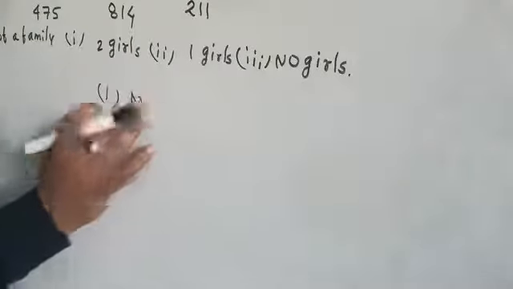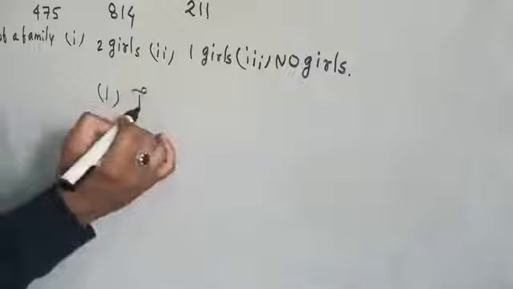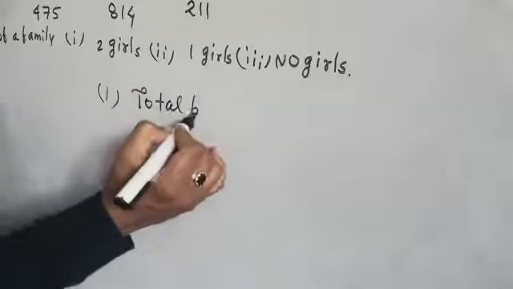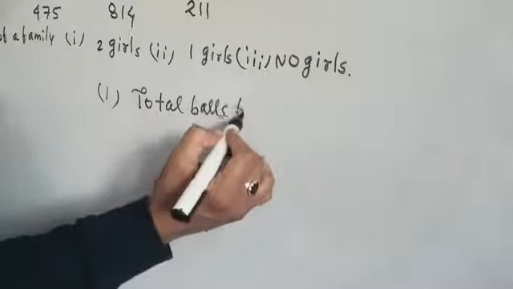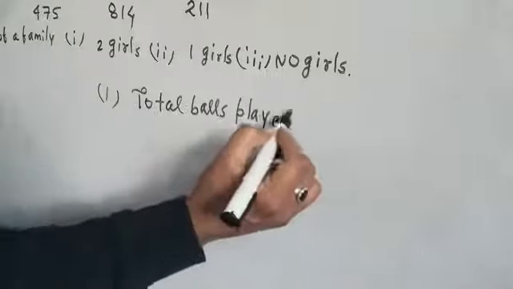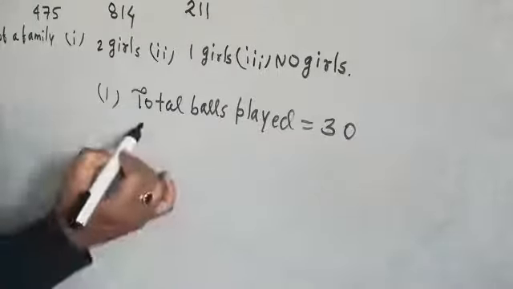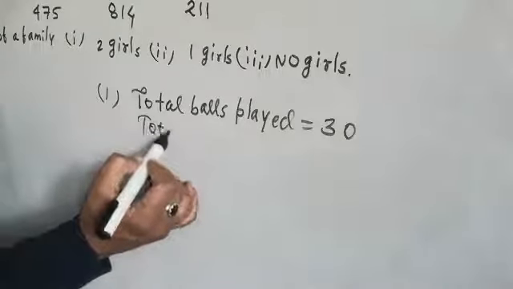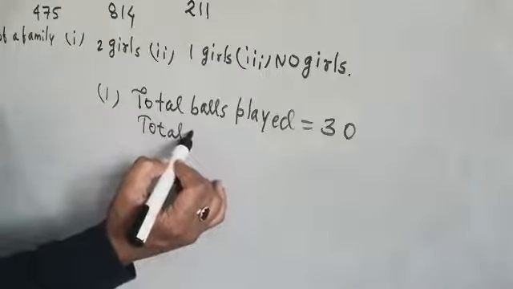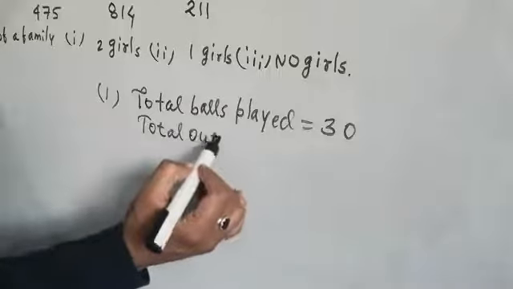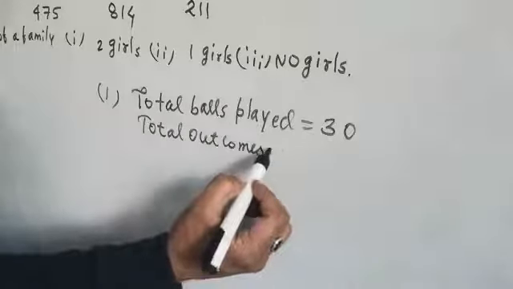Number of total balls played is equal to 30. That means our total outcome will be 30.